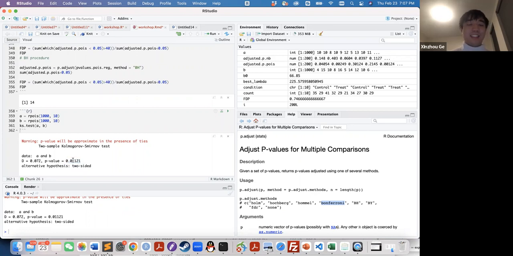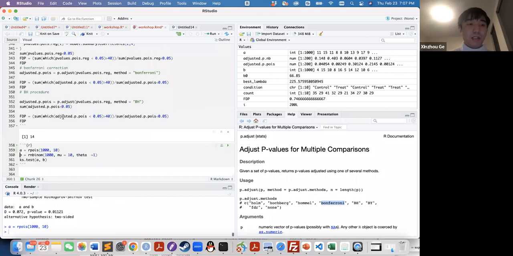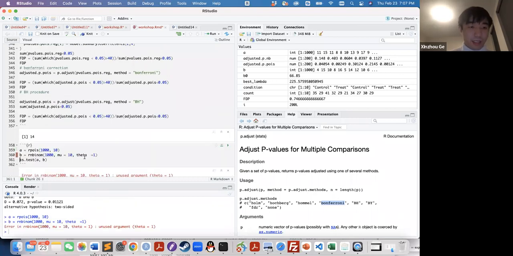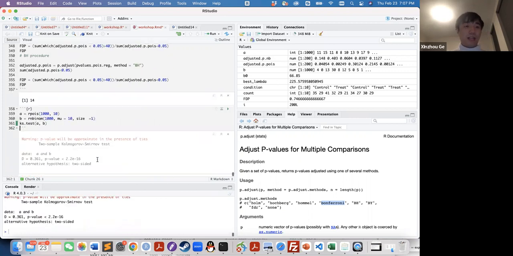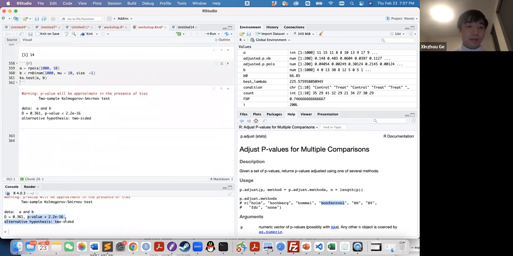So you may think that this p-value is very small, but if we make b, for example, from a negative binomial distribution with size equal to 1, mu equal to 10, and we compare the negative binomial distribution with the Poisson distribution, this time when we do the KS test again, we can see that the p-value will be very, very small.